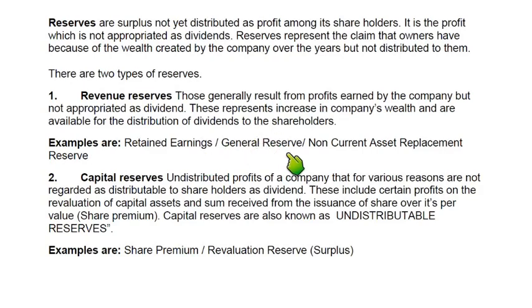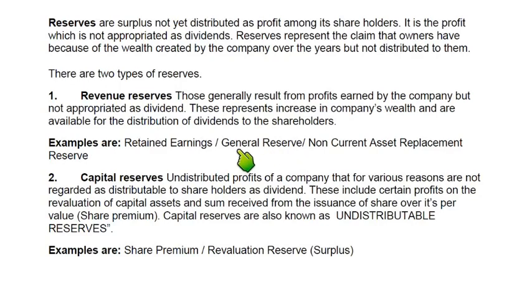Similarly, we have general reserve. General reserve is a bit similar to retained earnings, and the difference is that we have made the reserve for some future purposes. As the name is general reserve, it is not specific to some specific task. There are n number of tasks that we can do through this general reserve.